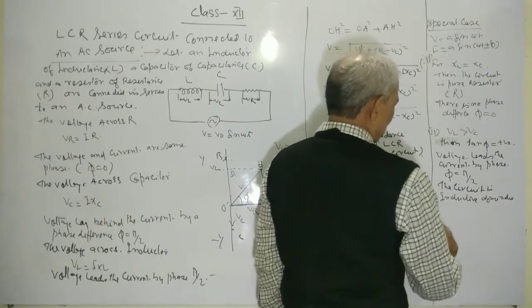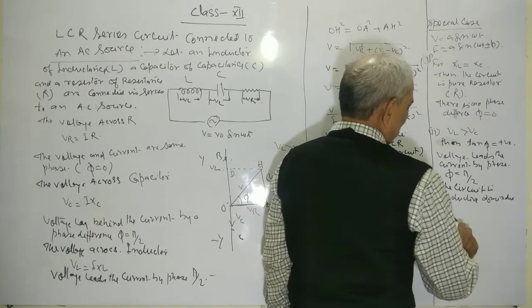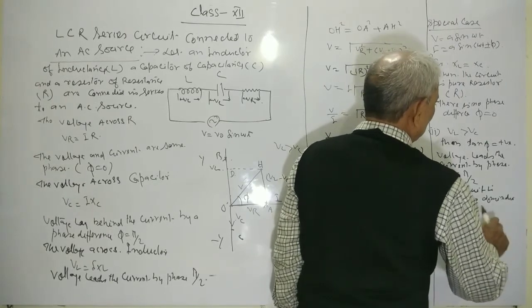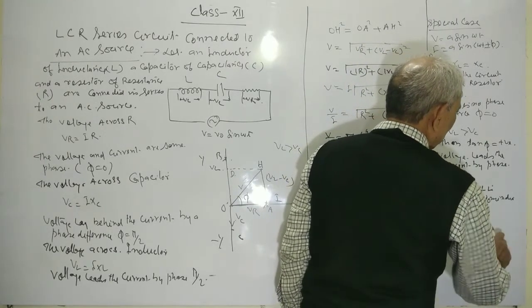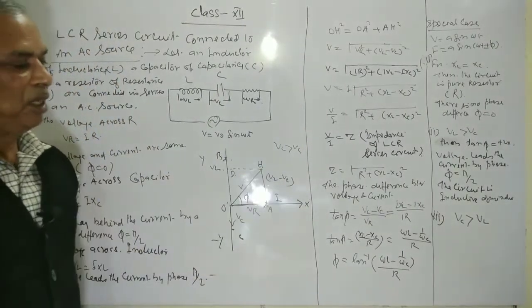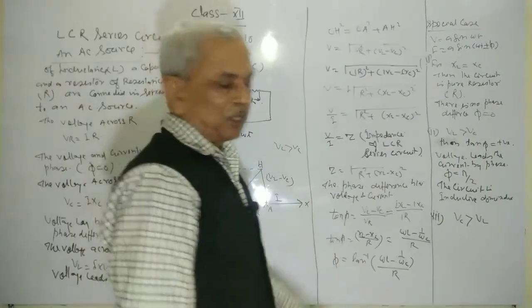Case third, VC leads VL. If VC is more than VL, then the circuit is capacitive.